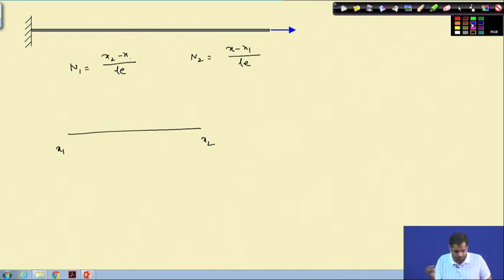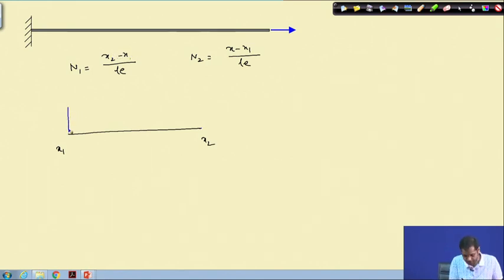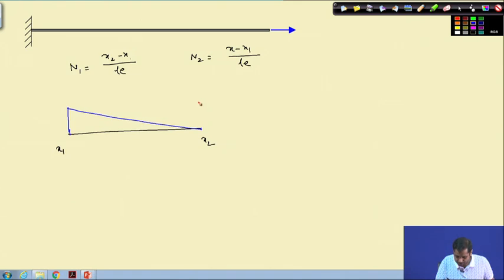At x is equal to x2, n1 will be 0, and at x is equal to x1, n1 will be 1, like this, and between this will be like this. Similarly, if I plot n2, the n2 plot will be this. So, this is for n2 and this is for n1.